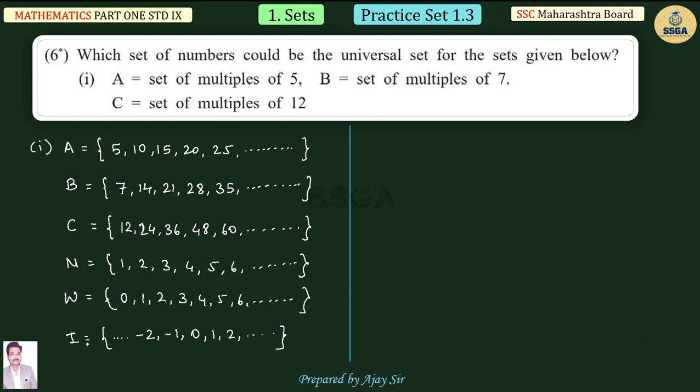So for the given three sets A, B, C, we can take natural number or whole number or integers as a universal set.